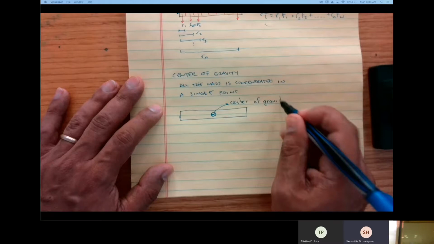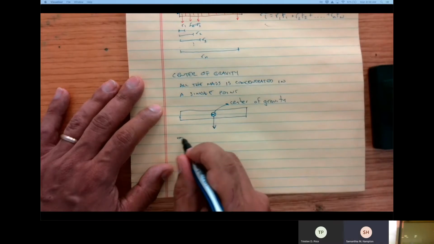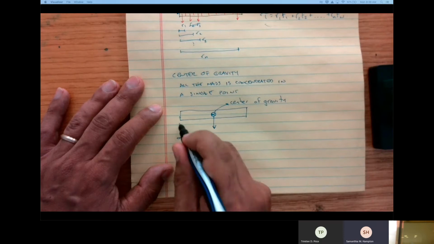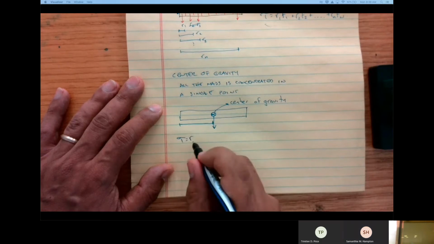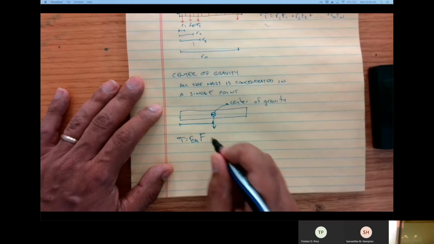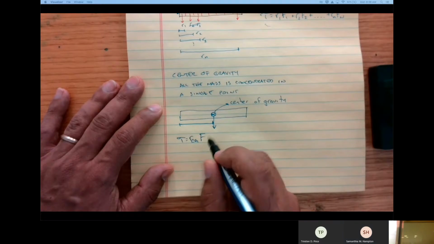And then the torque is just going to be the distance to the center of gravity times the perpendicular force. And this force is created by the whole mass.